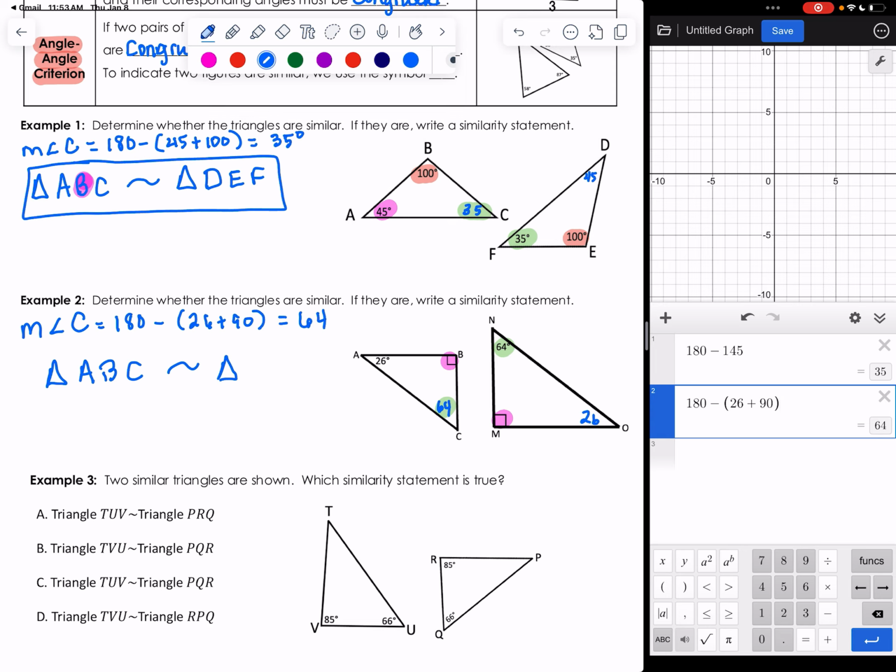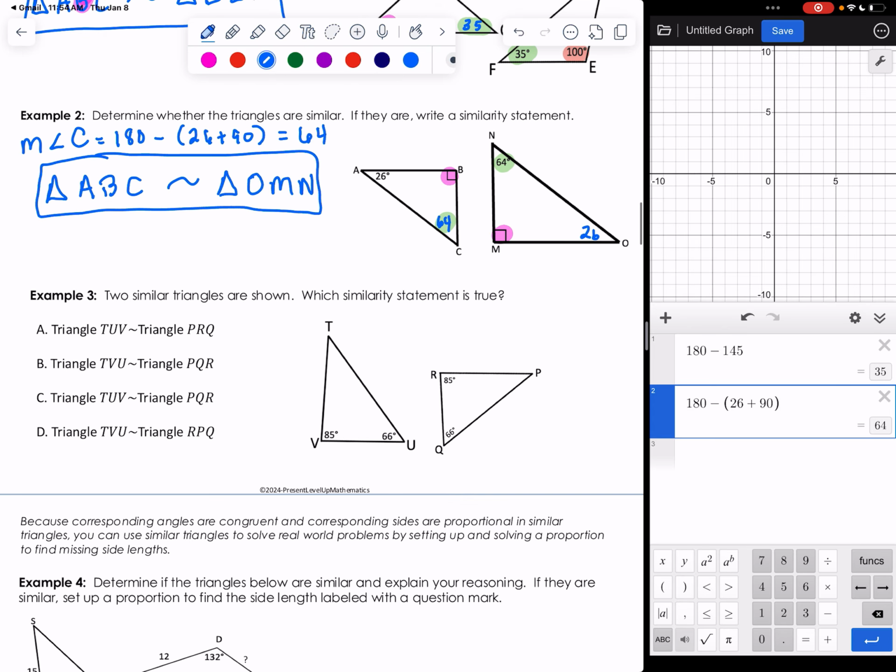In our first triangle, we put angle A first, and angle A was 26 degrees. So which angle would correspond to angle A in the second triangle? Well, hopefully you said O. And then we went with our 90-degree angle, which was angle M, and then angle N. So triangle ABC is similar to triangle OMN.